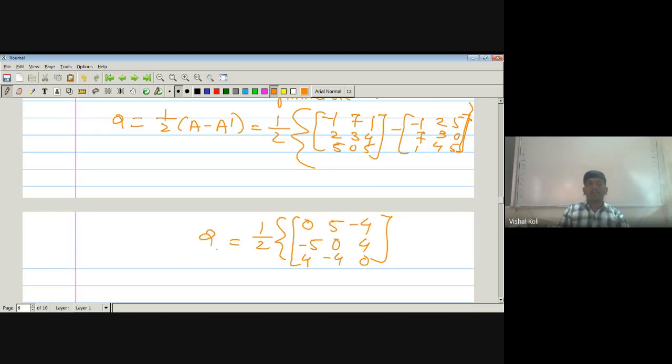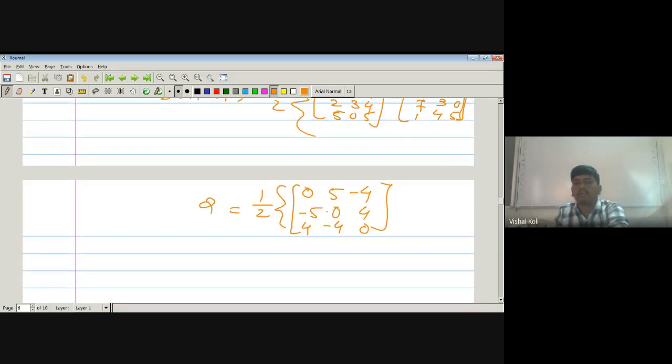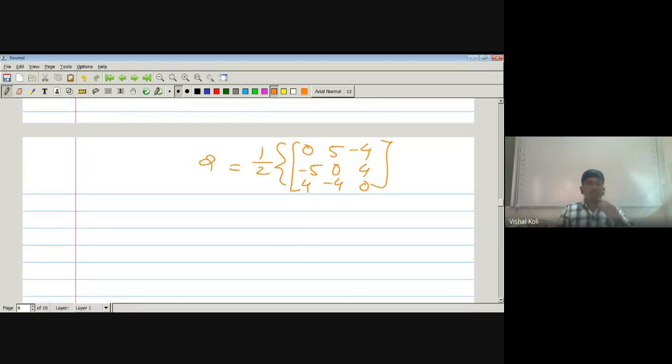This is Q, equal to 1/2 of this matrix. All the diagonal entries are 0 and a_ij equals minus a_ji for each i and j. Therefore Q is a skew symmetric matrix.